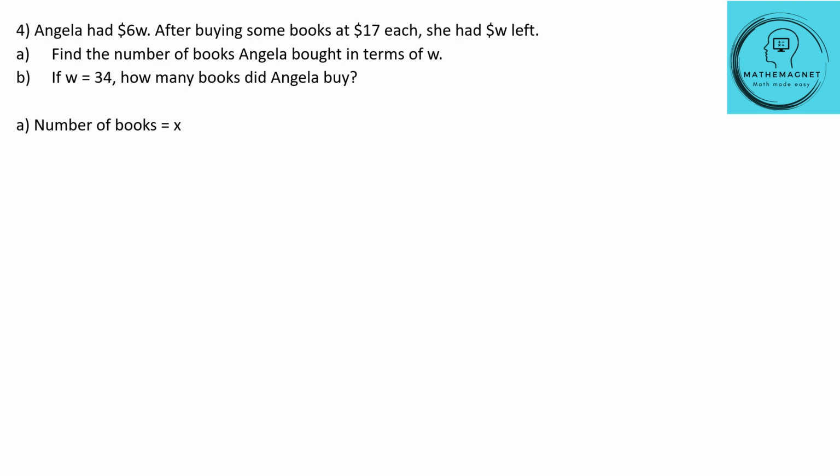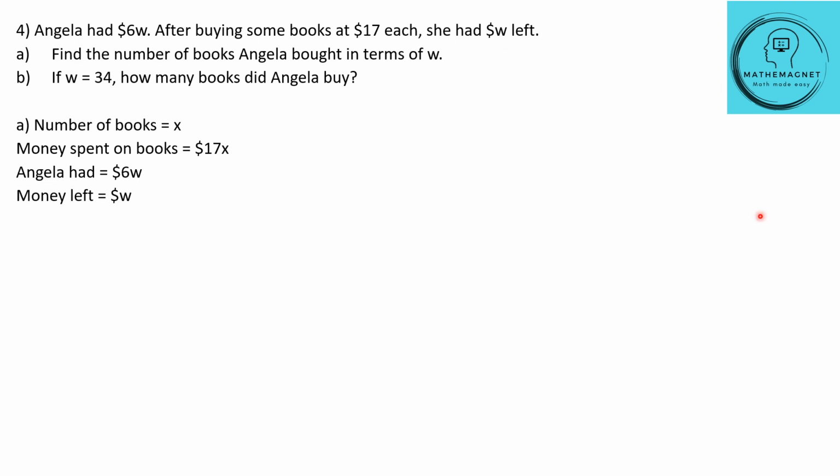To solve question A, we will first write down the information that we have gathered from the question. Let us assume the number of books Angela bought is equal to X. And the money spent on the books is $17x because the cost of each book is $17. So we are saying the number of books is X, so the amount spent will be 17 into X. The next, Angela had $6 and she is left with $W after she spent.